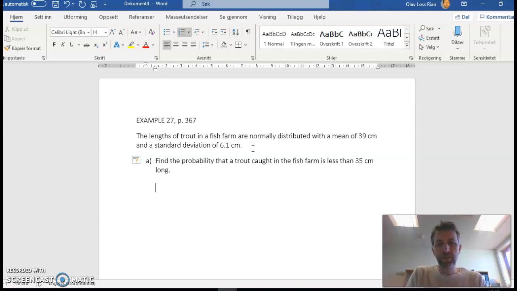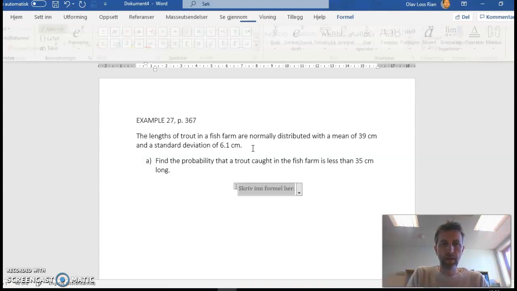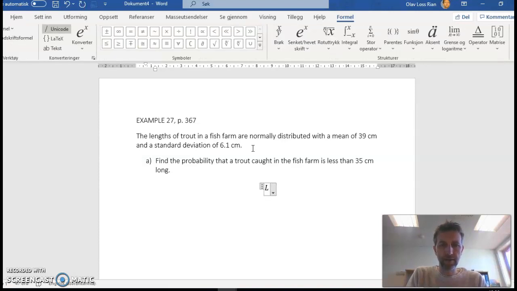But let's just set up the expression for a normal distribution. So we have the length of trout. So our random variable is L, which is distributed normally with the parameters, the mean was 39 and the standard deviation was 6.1.